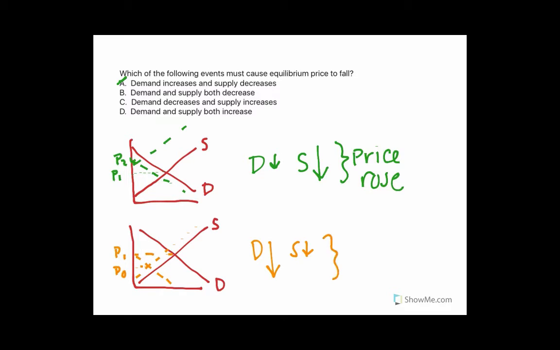So in this scenario, price falls. Even though in one of the situations in which demand and supply both decrease we have falling price, we can't say that it must cause equilibrium price to fall because it may also rise. So B is also not correct.